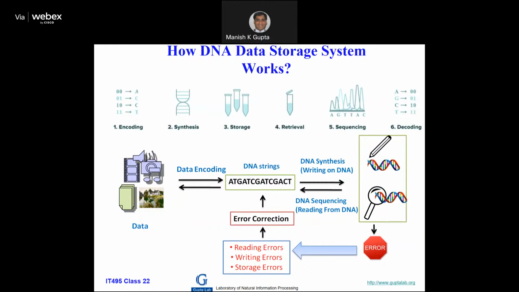Now, this is the picture, if you remember, of how DNA storage works. By the way, there are two kinds of DNA storage. Till now we have discussed sequence specific storage, right? So you convert data into DNA sequences and store it in the form of dry DNA or liquid DNA or whatever.